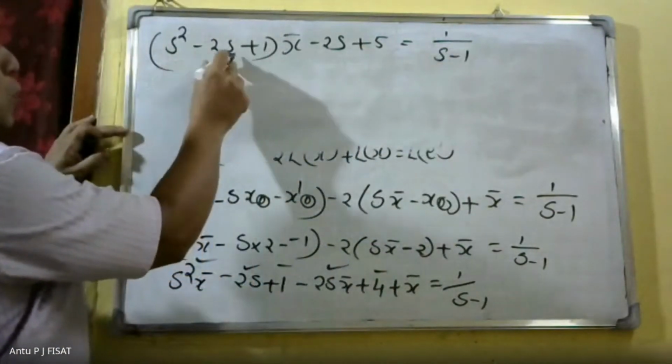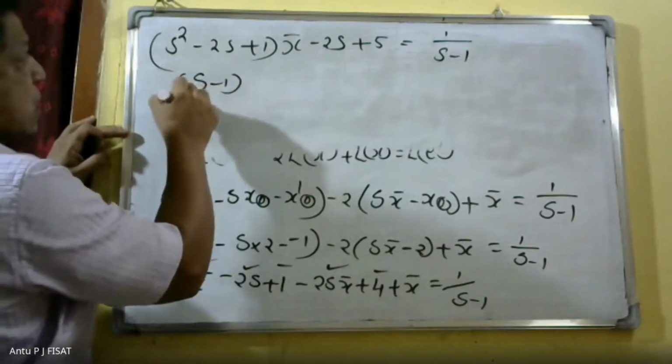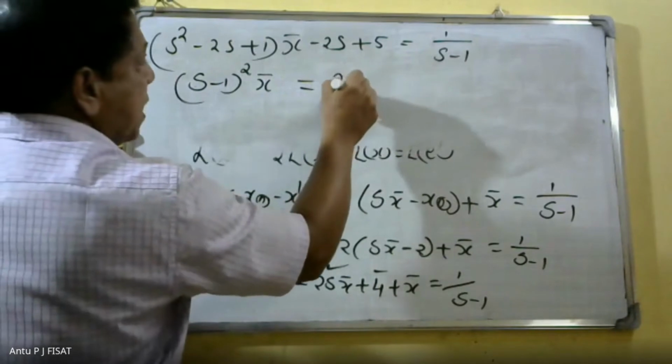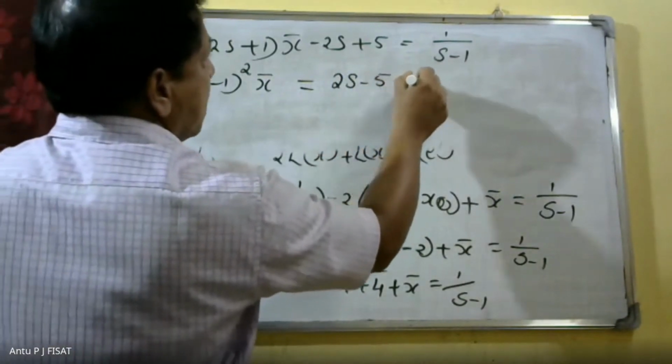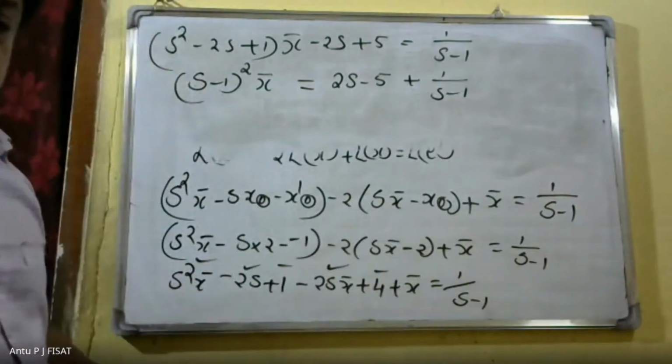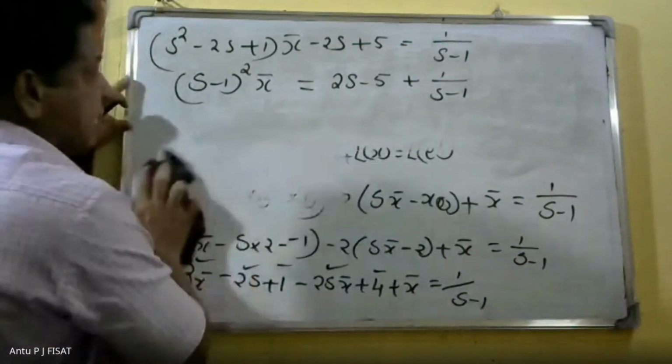That is s square minus 2s plus 1 can be written as s minus 1 the whole square into x bar, that is equal to 2s minus 5 plus 1 by s minus 1. Then we can simplify the right hand side.